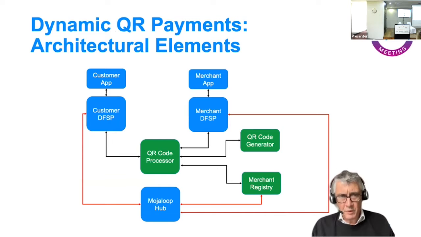So we took the view that we're not going to do dynamic QR because we can do without the QR code processor and the QR code generator and just use static QR codes. And in fact, the merchant registry is an essential part of a live service, but for a proof of concept, we can simply limit it to a much more straightforward, simple extension to the existing oracles.